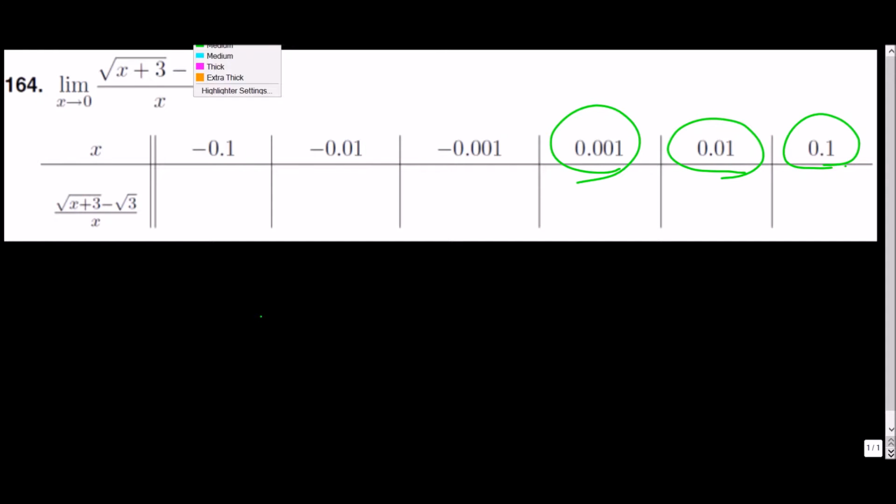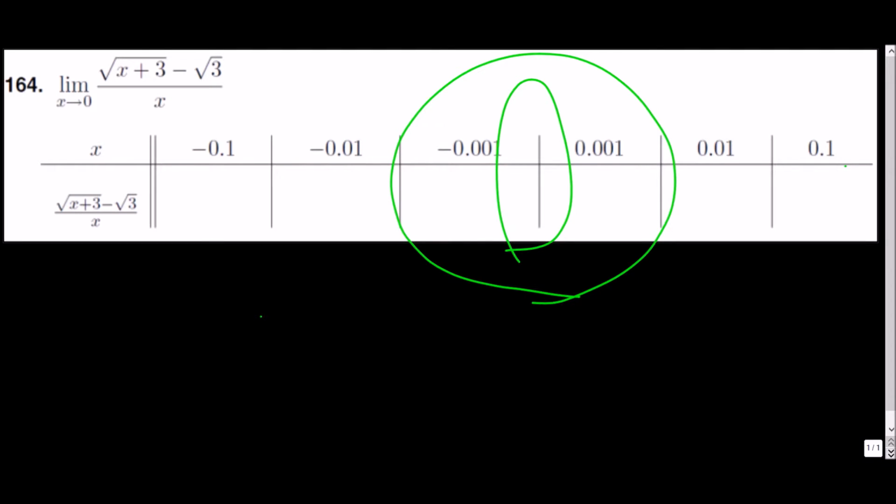So we've got x is negative 0.1, then negative 0.01, then negative 0.001. And we keep getting closer and closer to this value of 0. We're never going to get there, but we're going to get close. And then if you look from the other side, we've got 0.1, 0.01, and 0.001. So we're getting to 0 from that side as well.